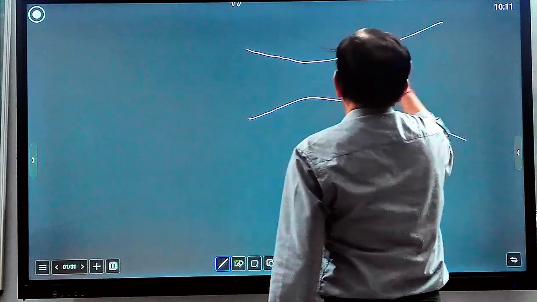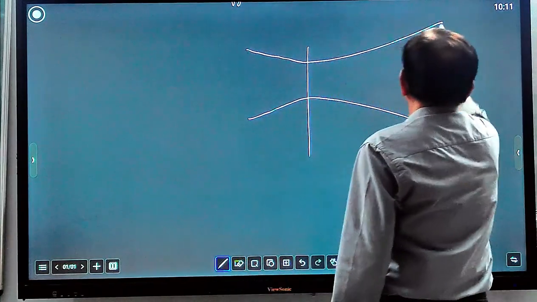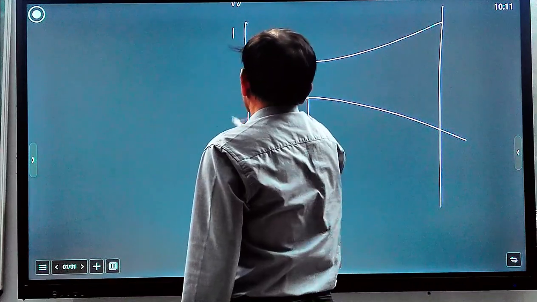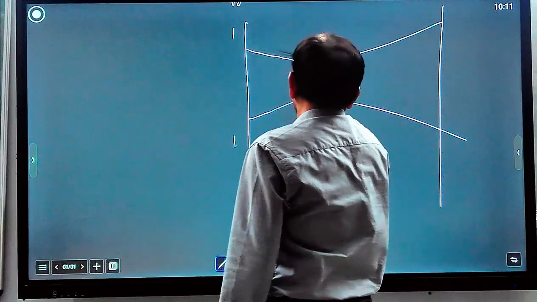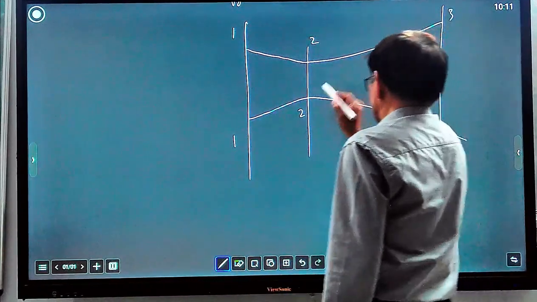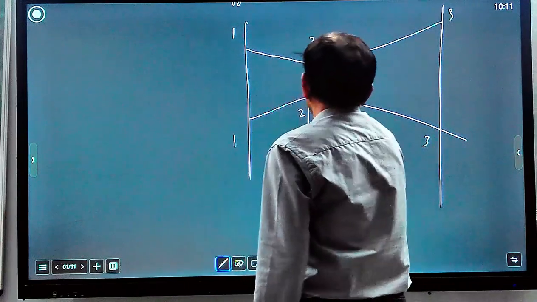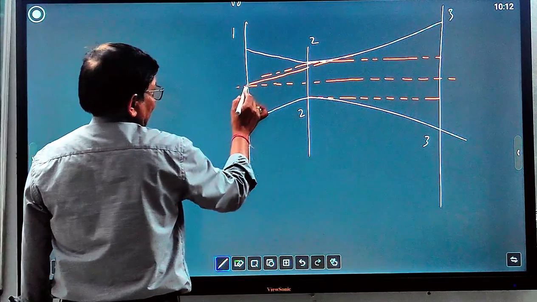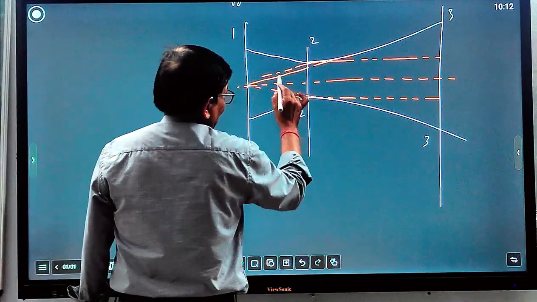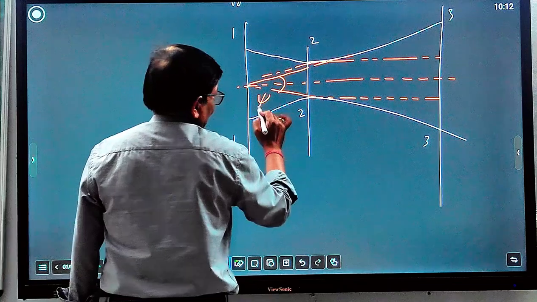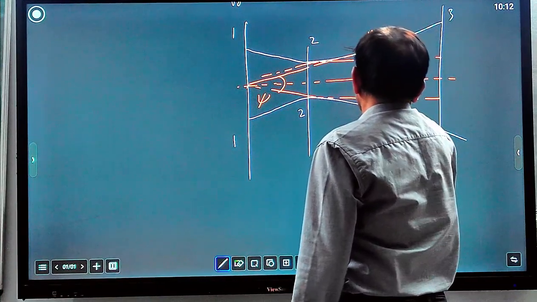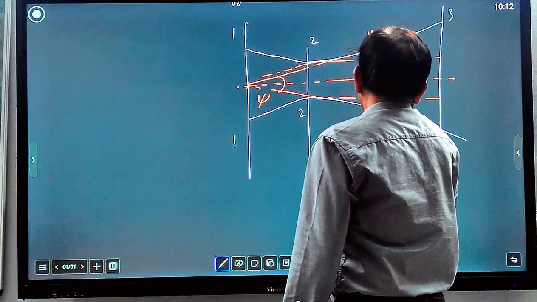This is the throat, this is the exit, and this is the inlet: 1, 2 and 3. Now let us see what the total angle is. Draw a tangent on this one and a tangent on this one. This angle is known as psi. So this angle becomes psi by 2 and this one also becomes psi by 2.